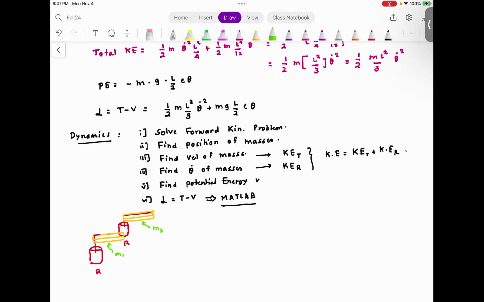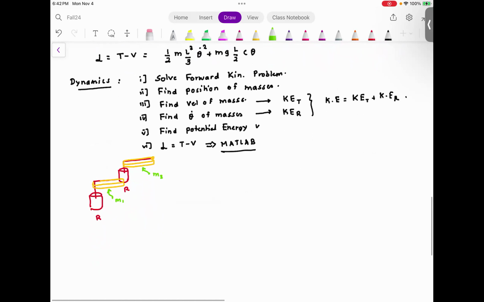If you look at the top view, you would notice that this problem would look something like this: you have the first link, and then you have the second link, which is shown over here. This link has mass m1, this link has mass m2, and this angle is theta 1, and this angle is theta 2.